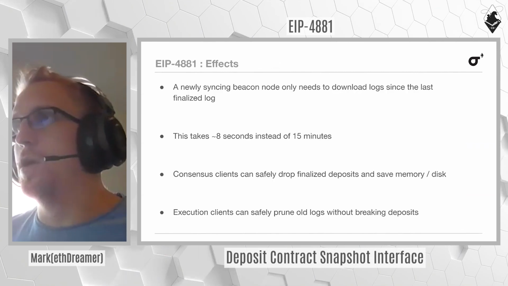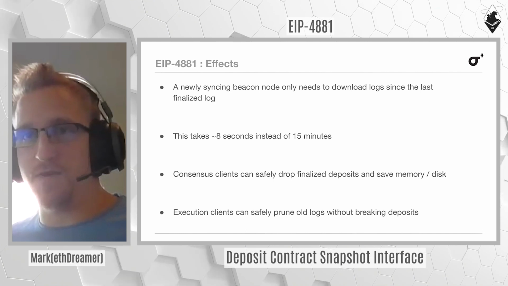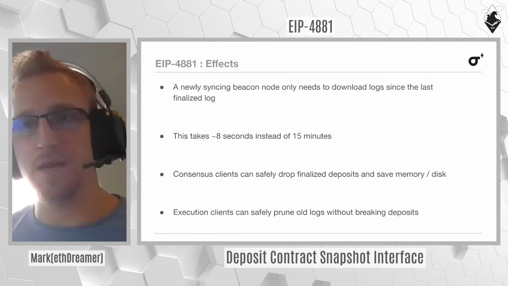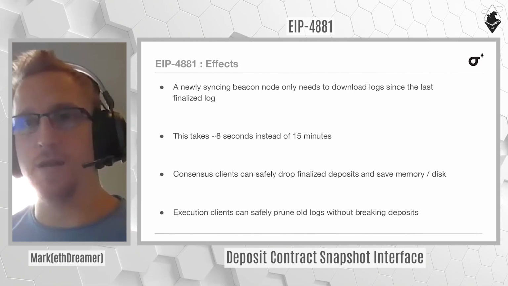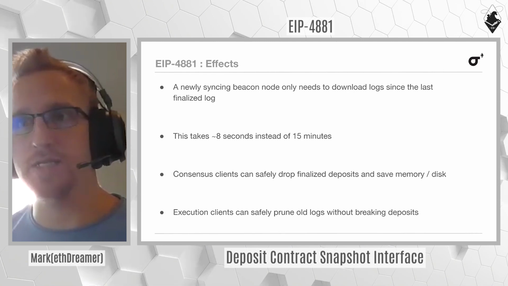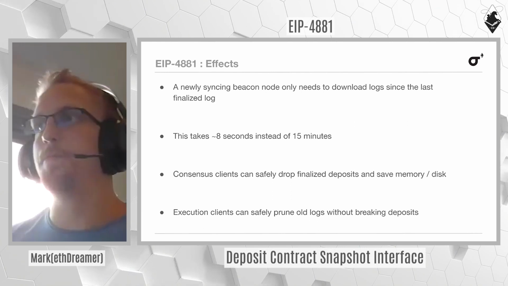So now when a consensus node is weak subjectivity syncing, if you're using these snapshots, you don't have to download all the deposits since the beginning. You can just grab this snapshot and download deposits since the finalized tree, which in practice isn't more than a couple of hours ago.